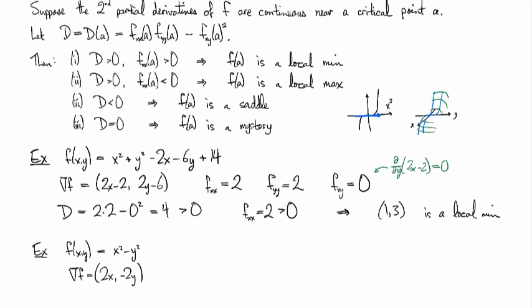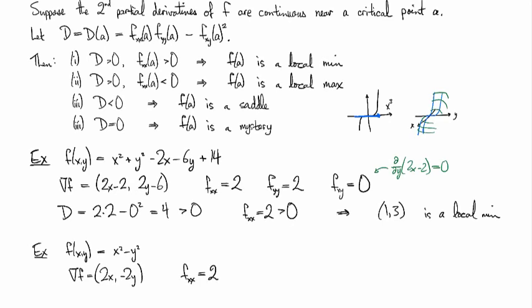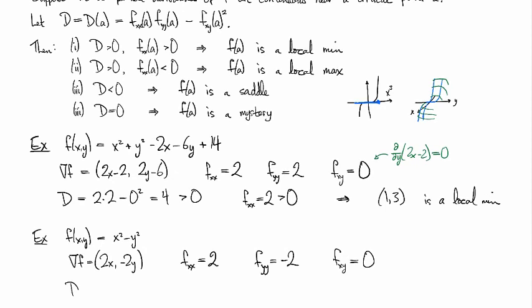If we compute D, we'll need the second derivative with respect to x, so the partial of 2x is just 2, and the second partial with respect to y is going to be minus 2, and the mixed partial is going to be 0. So our D is 2 times minus 2 minus 0 squared, which is minus 4, which is always negative.